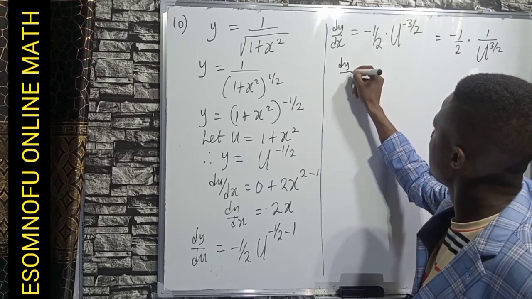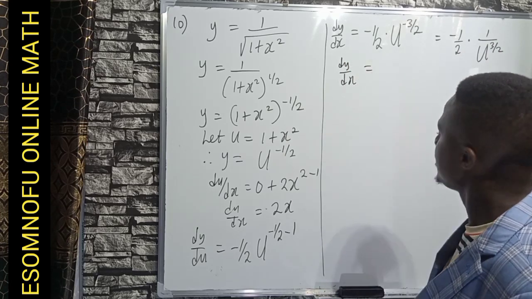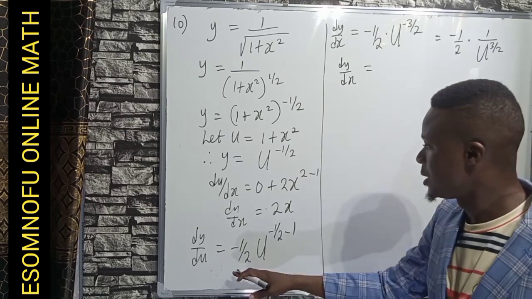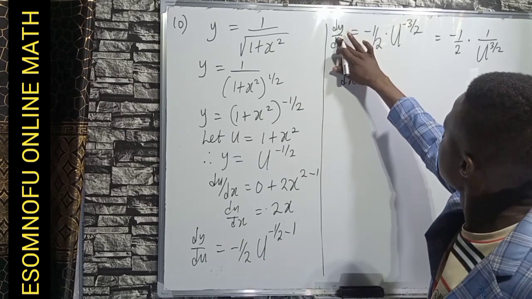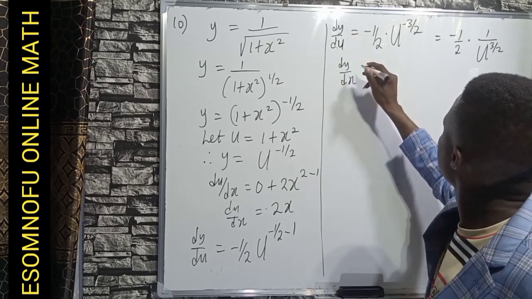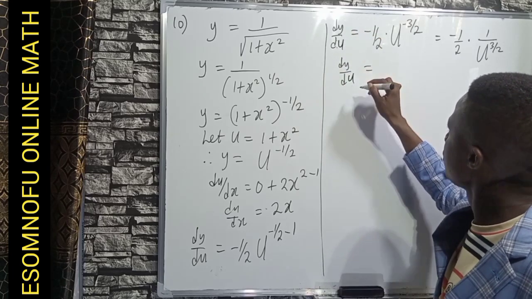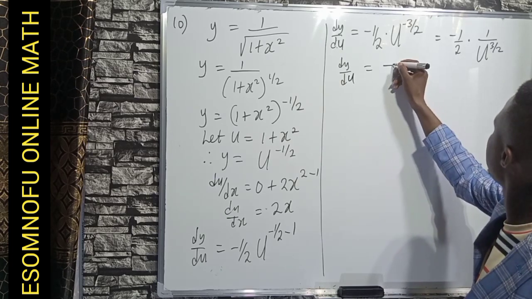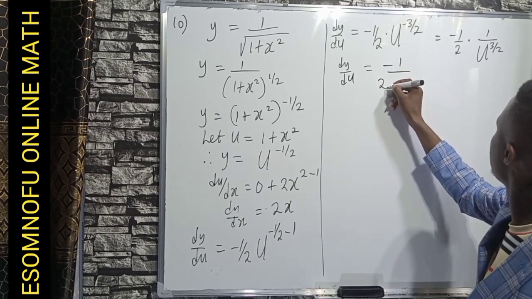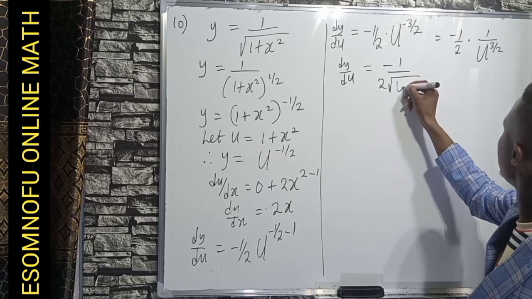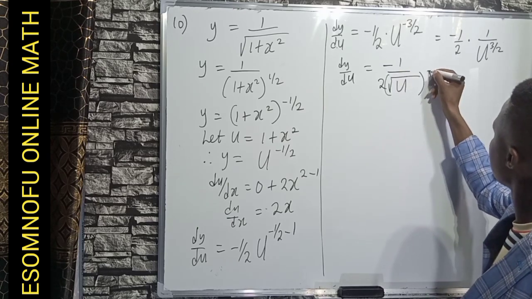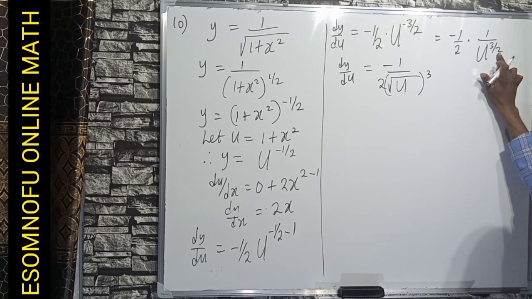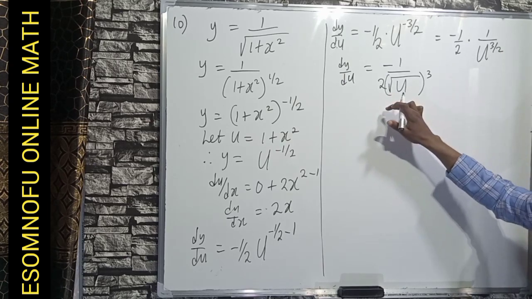Remember we are taking dy du, sorry. This is dy du, not dy over dx. So this is the same thing as minus 1 over 2 root u to the power of 3. That's the meaning, because this denominator power of 2 here is something as half.